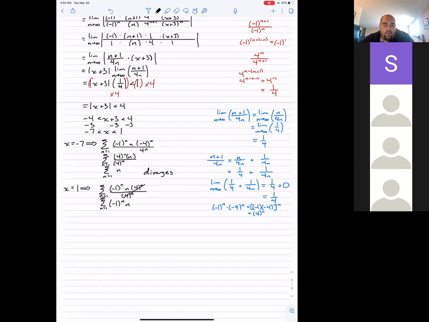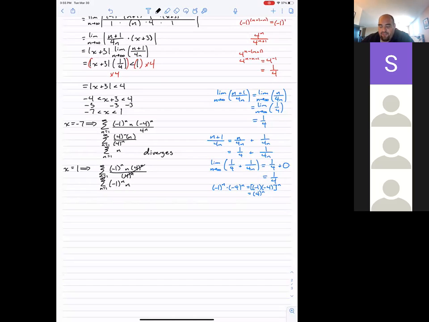All right, now what? Is that going to converge or diverge? Tony says it diverges. So it alternates, but every term is going to get further away from 0 than the previous. So this diverges as well.